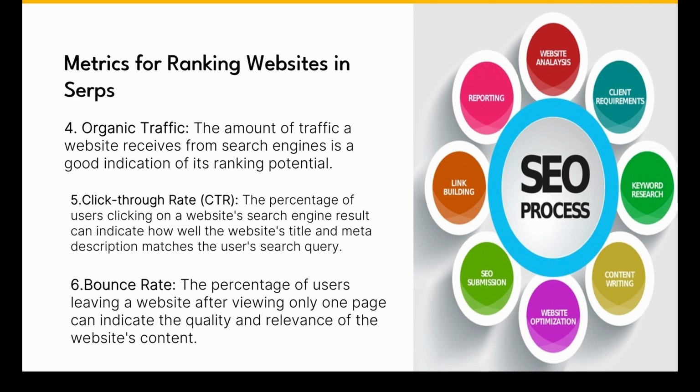Then, click-through rate. The percentage of users clicking on a website in search engine results can indicate how well the website title and meta description match the user's search query. So this is how this works. When you search for something on Google, there are a lot of results that appear. For example, on the first page, there are 10 results.